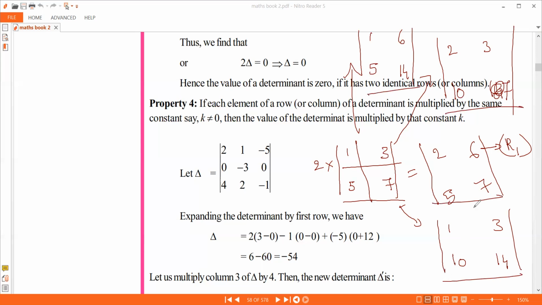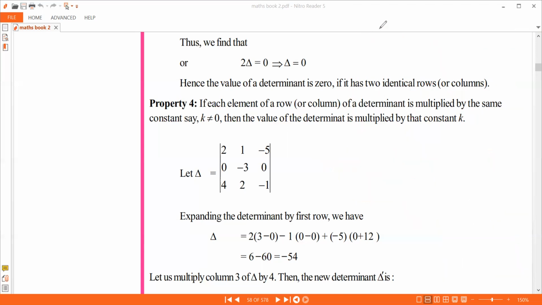Now, you try this. I'll give one more. You can take this: 2, 1, minus 5; 0, minus 3, 0; 4, 2, minus 1. Suppose I asked you to find 3 delta.